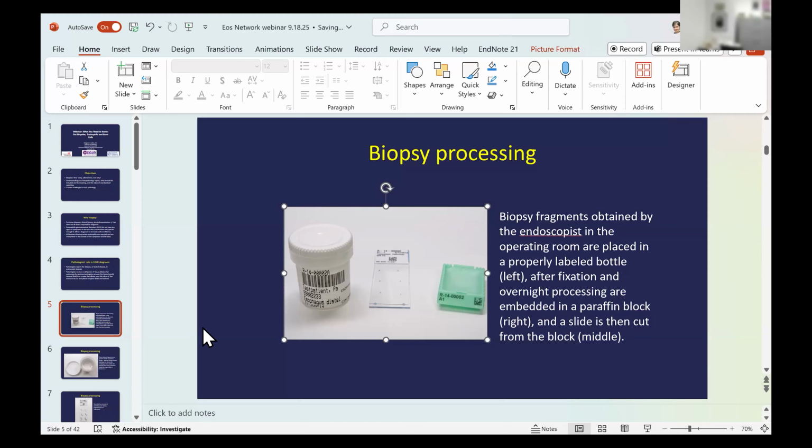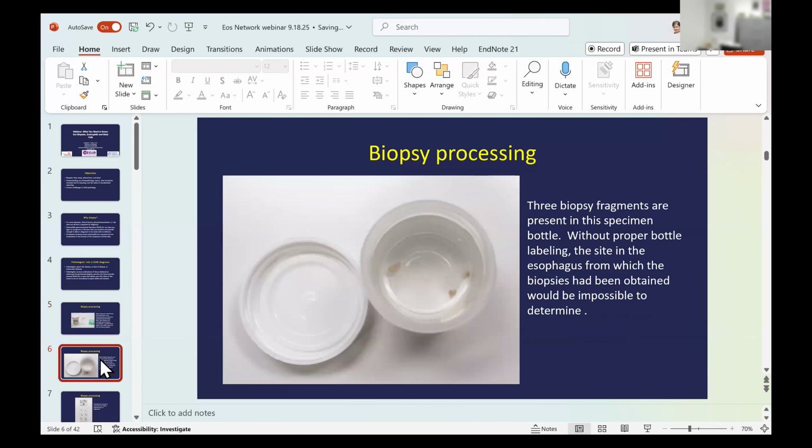So the next step then is to color the tissue on the slide so that the pathologist can see it. So this is an example of GI biopsies, not esophageal biopsies. I really don't think I could illustrate those very well.